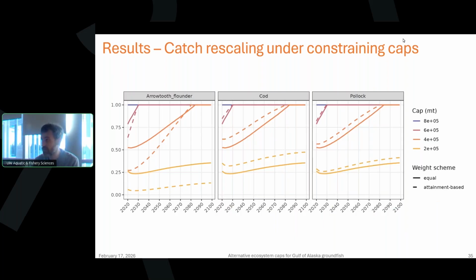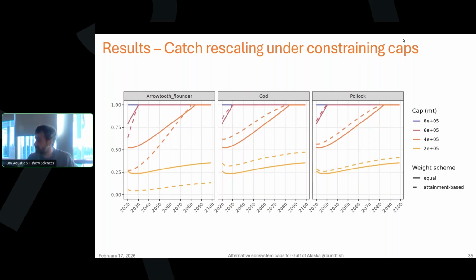These are only three of the 19 stocks that I have, but it shows you what happens with those catch rescaling schemes, the equal one and the attainment-based one. The solid lines are where you say that all stocks are equally valuable, and you attain them all in the same way. If you look at the solid lines across the three columns, they're all basically identical, so the cap is doing the same thing across all these three stocks.